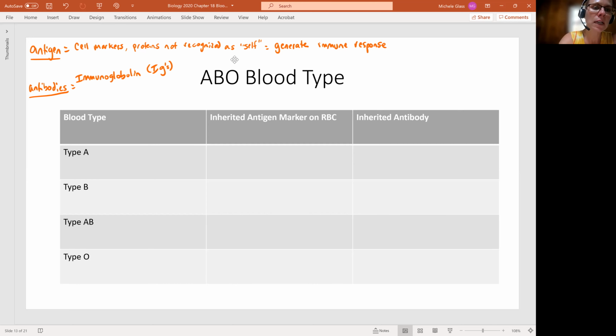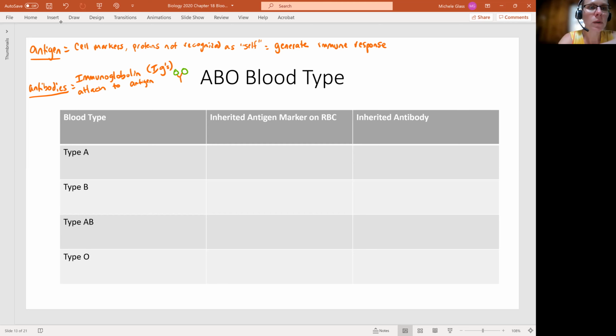And these actually attach to an antigen. What we'll see is your antibodies are usually Y-shaped. So what they can do is attach to an antigen on this cell and this cell.